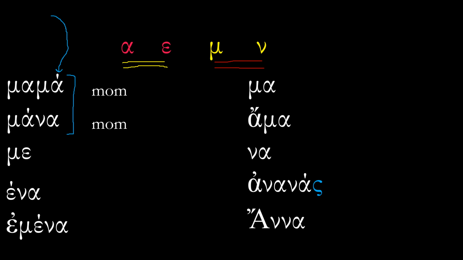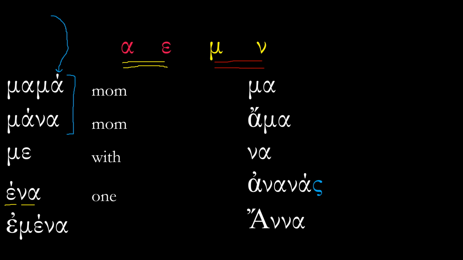Next, we have me. And we've already said that me is "with." We've also said that me has another meaning. Stay tuned, that's coming up. After that, we have enna, which we know means one.